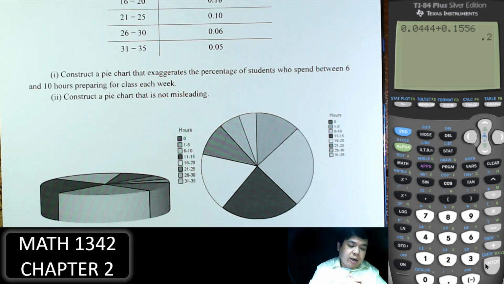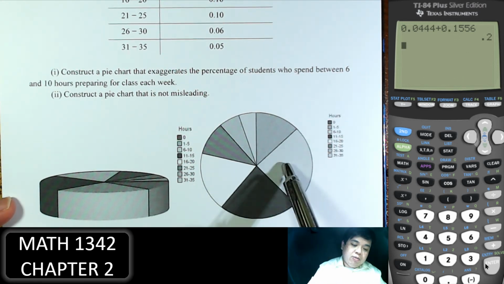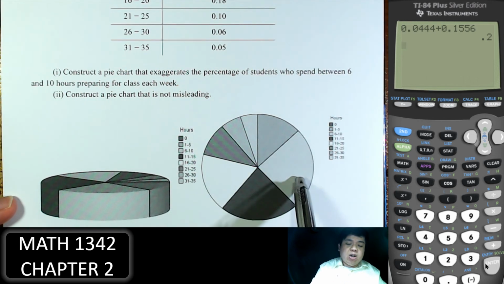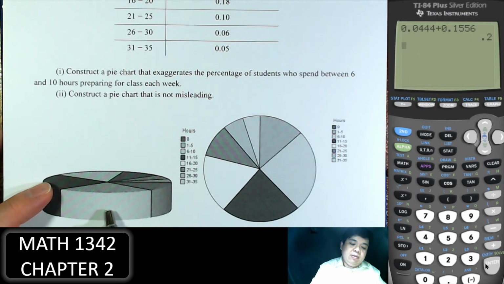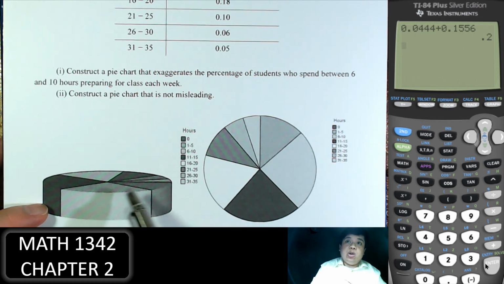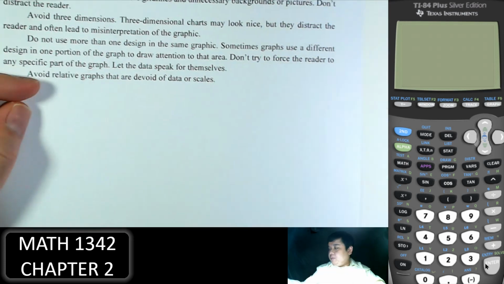For example, if we focus on this, those are about the same, right? But if we look from this perspective, this looks a lot bigger than the next one. So this looks a lot smaller than this in 3D. So if you draw a pie chart, don't use a 3D graph.